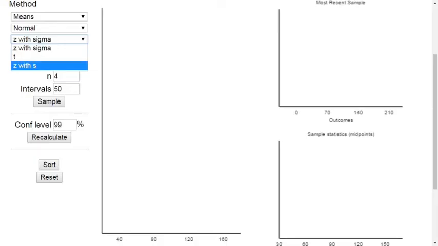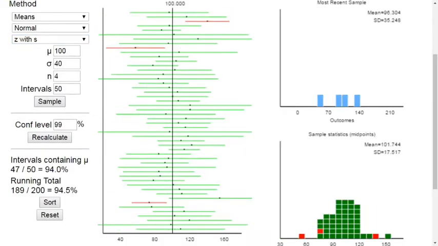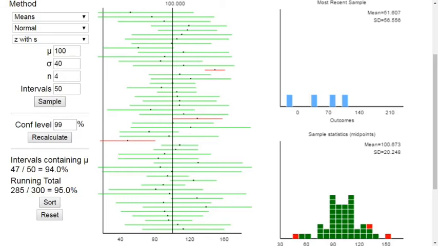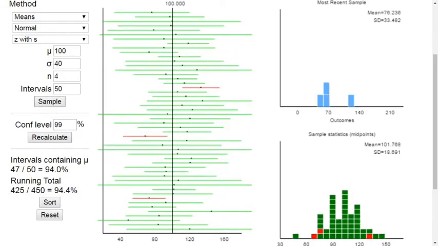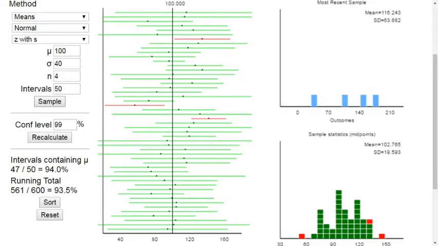So instead of the population standard deviation, now we're going to use the sample standard deviation, which will be different from sample to sample. So I'm going to get 50 at a time. Here we go. There's 50, 50, 50. Remember, the claim was 99% confidence, but we're actually getting a lot more misses than that in each group of 50 here. And another thing you should notice is the widths of these intervals are different from one to the next.